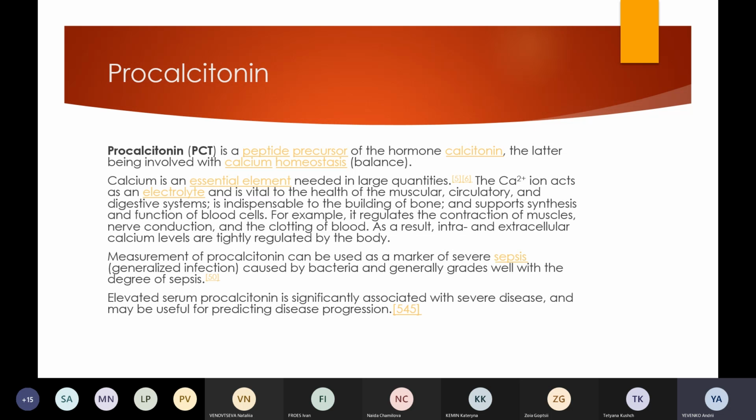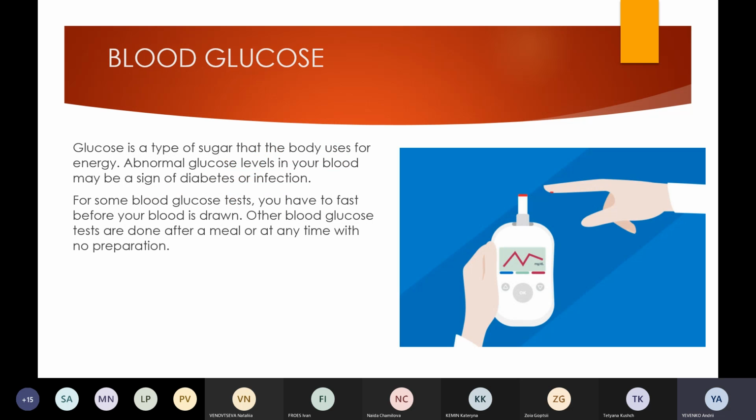So the blood glucose test is also one of the most basic and important tests, and it is used to measure your blood glucose level.